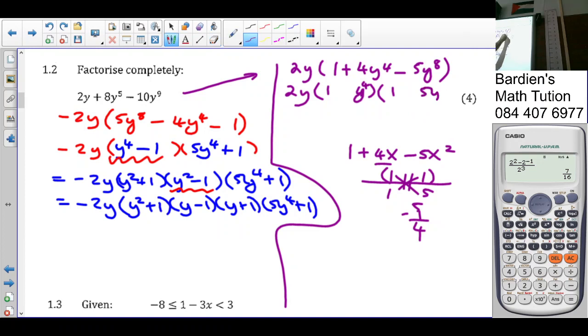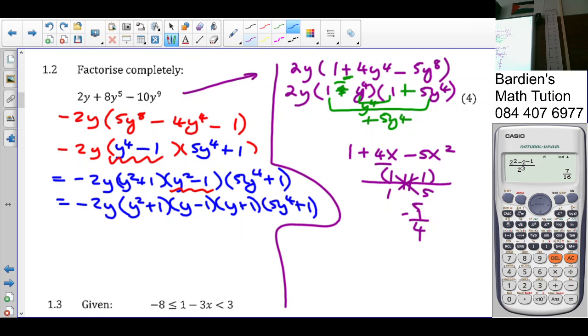It will be 5y. What about our signs? 1 plus, 1 minus. The bigger product must be negative. So the bigger product is the 5y^4. So there the negative belongs. This must be positive, that must be positive, whilst that one must be negative.